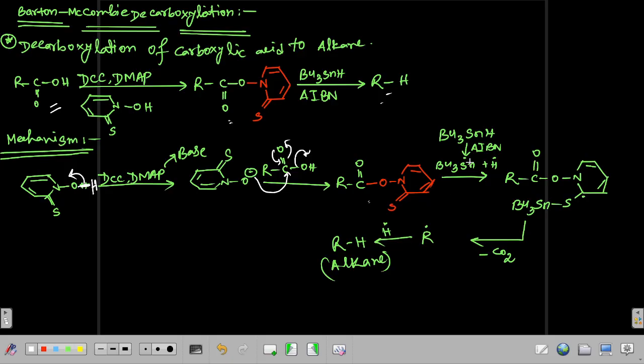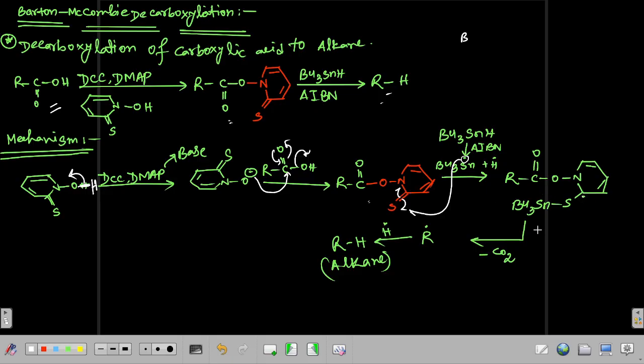After this, again we are using tributyl tin hydride. Here tributyl tin hydride will break down into the tributyl tin free radical, and this radical will attack this sulfur, and it will form this free radical.